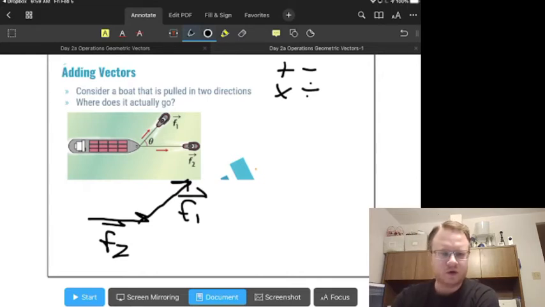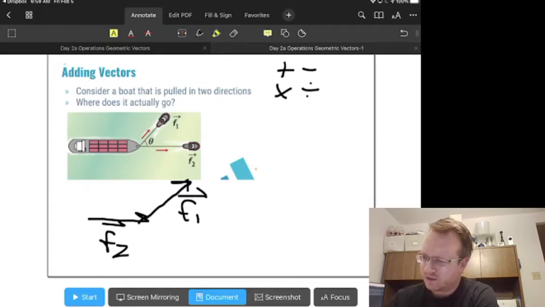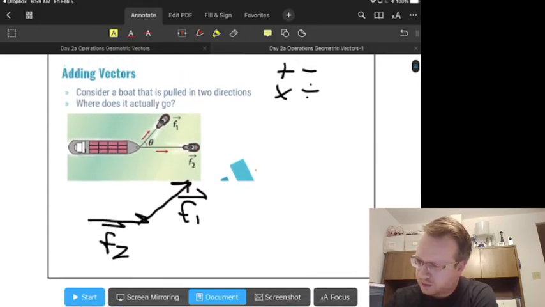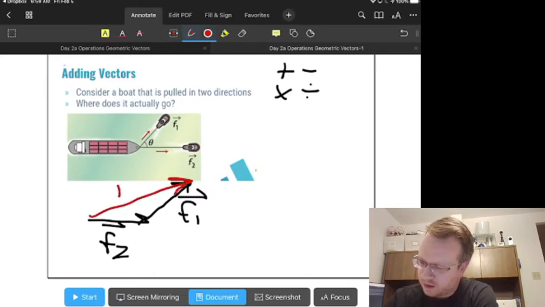All right, so in order to add vectors, we draw them tip to tail, and then we have a resultant vector, and that's going to be the sum of them. So if I start at the start and end at the end, my new vector here is my resultant vector, and that's our answer.